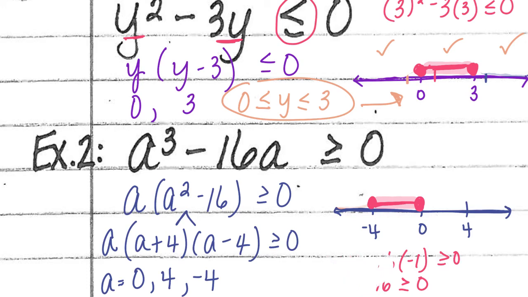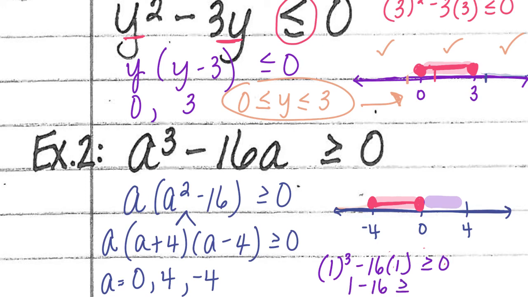Nice. All right, I have 2 more sections left. Between 0 and 4, I'm going to choose the number 1. 1 cubed minus 16 times 1, is that greater than or equal to 0? Well, 1 minus 16, yeah, that's going to be smaller than 0. So I'm not going to fill that in. And now I'm going to try one more section.